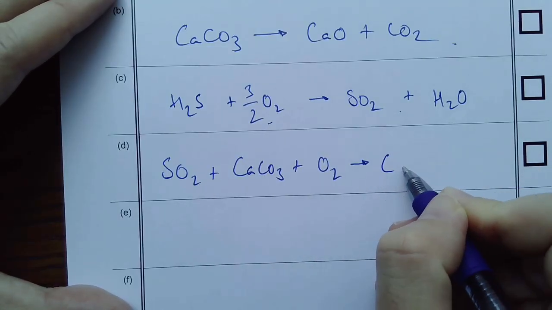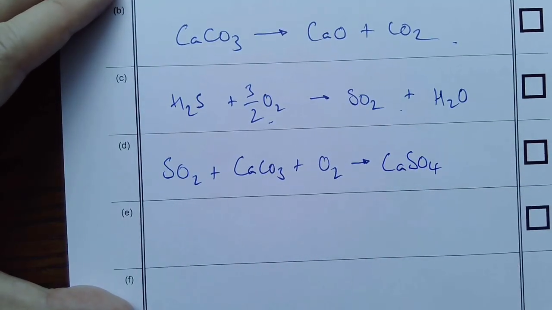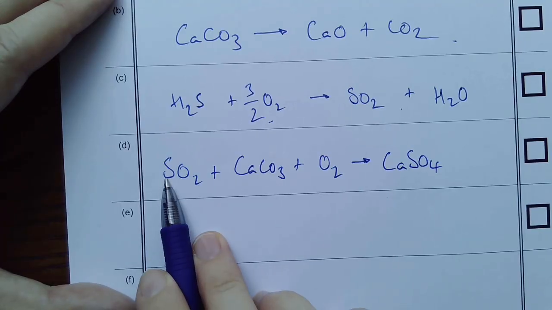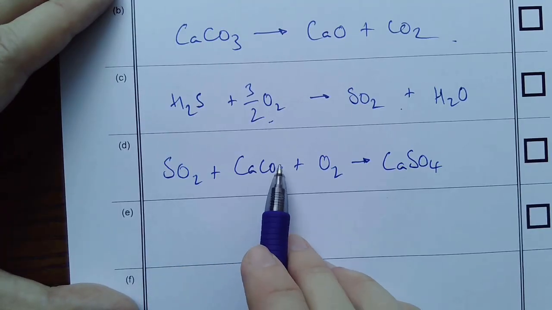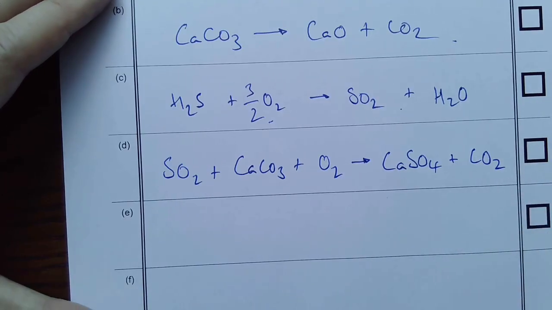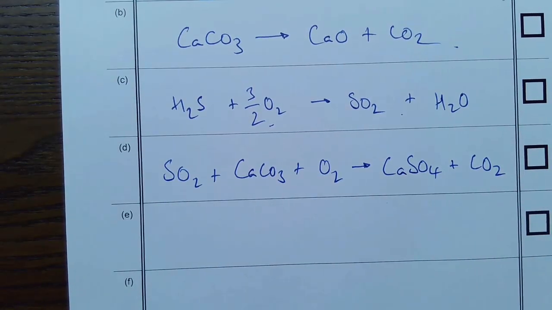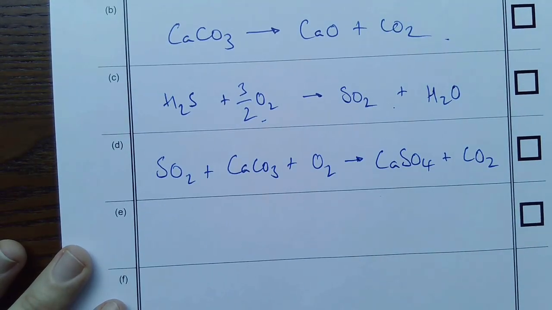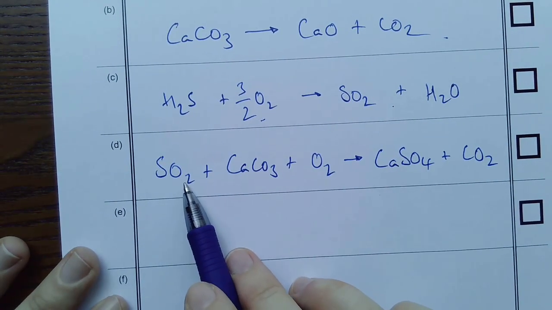Obviously calcium sulfate, CaSO4. And if I use up my sulfur and I use up my oxygen, I'm left with carbon and oxygen. So my other product is going to be CO2, which is not great because I'm supposed to be storing my CO2, not producing more CO2. So let's balance it.